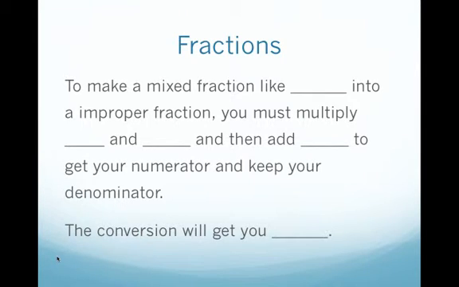In the second, you're going to put the whole number. The third blank, you're going to put the denominator. In the fourth blank, you're going to put the numerator. And then in the last blank, you're going to put what you should have got, the improper fraction, when it's finished.